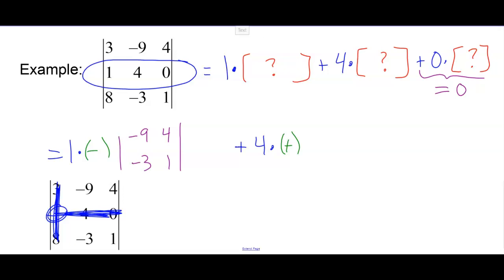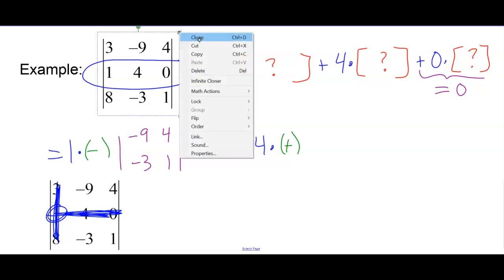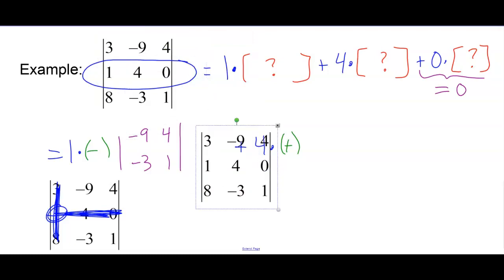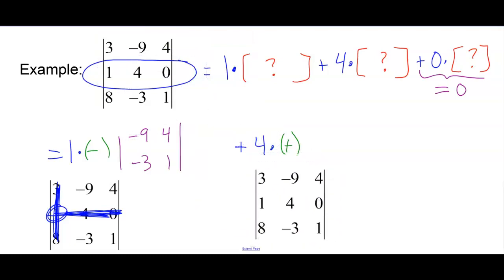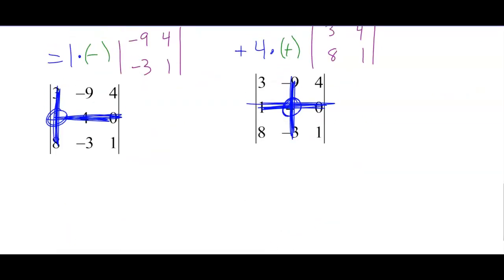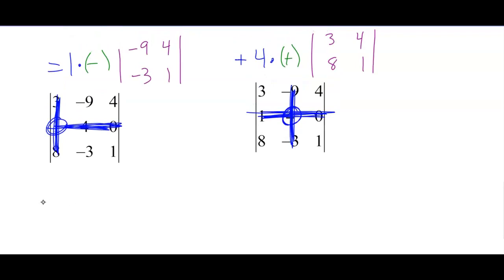Let's do that again over here with the second one. Let me bring down the determinant here and realize for this one, since we're doing the cofactor for 4, we cross out its row and its column, and what we're left with is 3, 4, 8, 1. So, let's clear up all the distractions there.